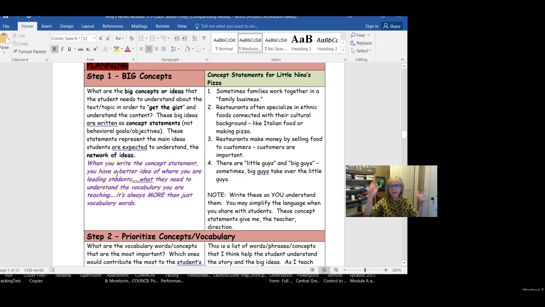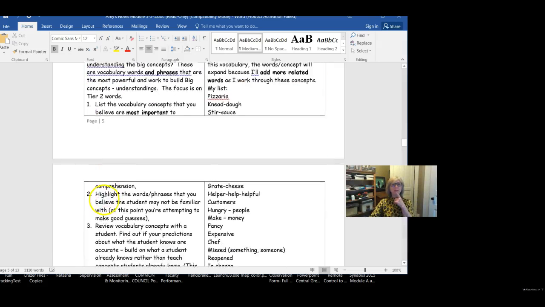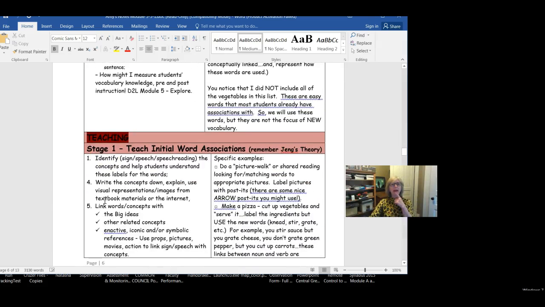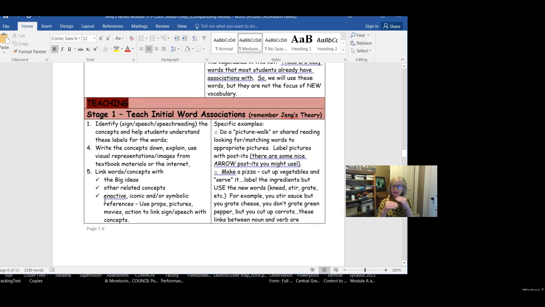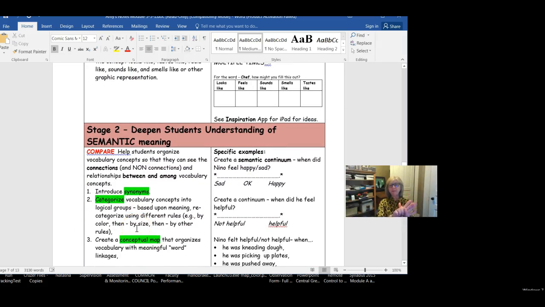Step 1, identifying the big concepts, selecting and prioritizing the vocabulary you'll teach, looking then at the 3 stages in planning activities for teaching vocabulary. And that is the example.